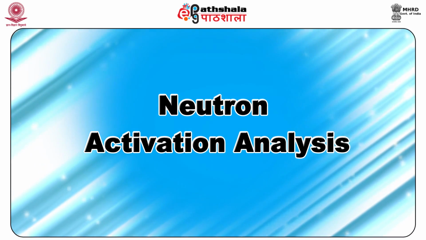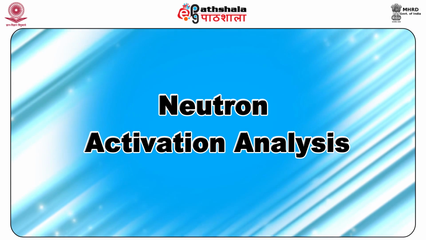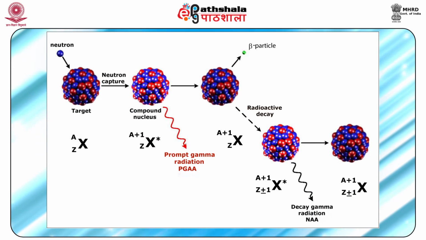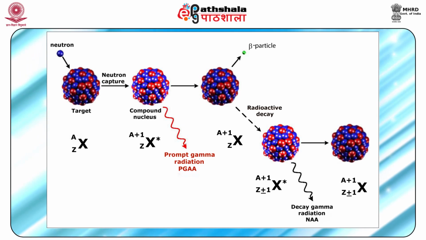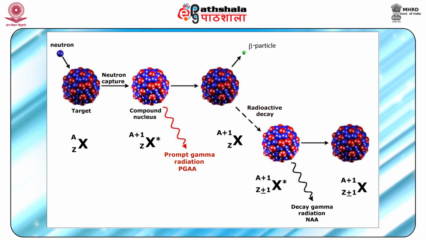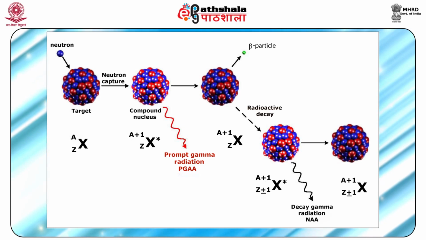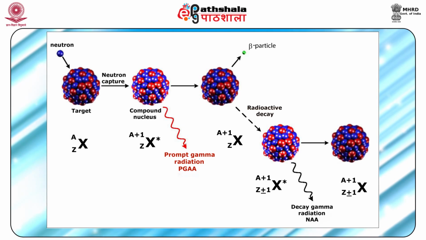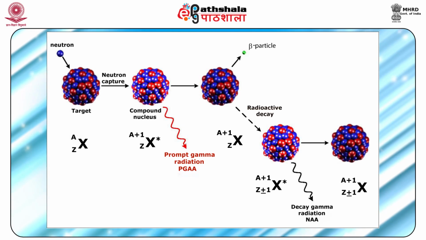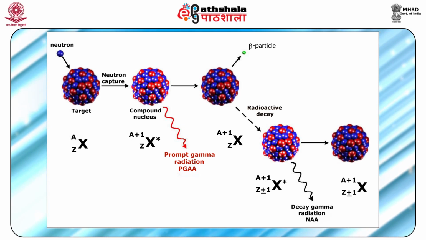Next technique is neutron activation analysis. In neutron activation analysis, a beam of neutrons from a nuclear reactor is directed at a sample of test material. The material becomes temporarily radioactive, emitting gamma rays that are characteristic of the composition. Analysis of the gamma radiation provides a highly accurate and reproducible determination of the content of the sample.